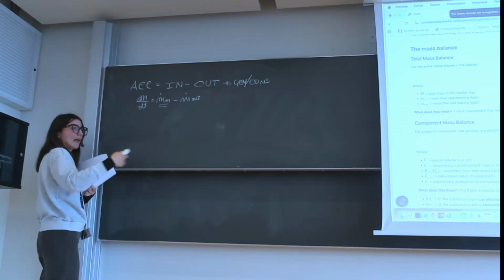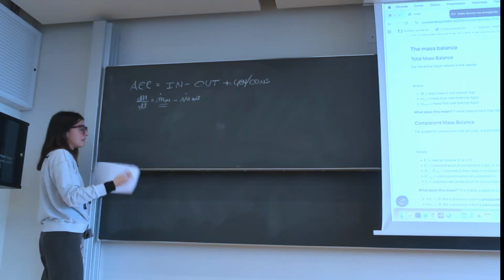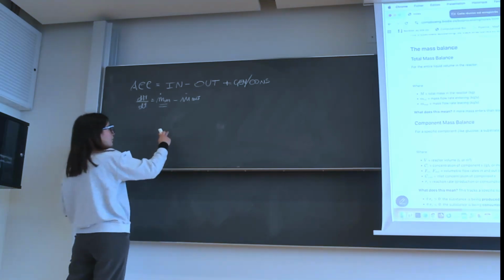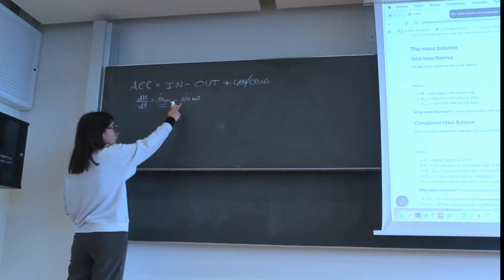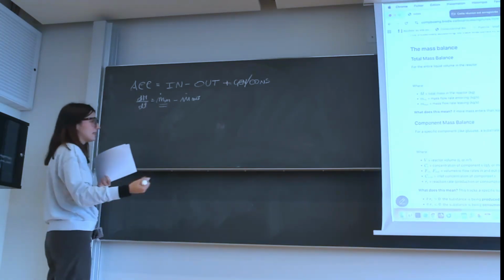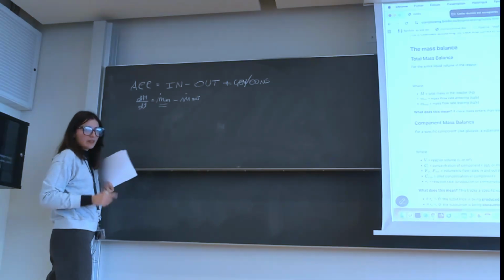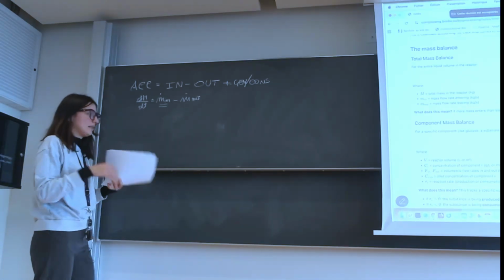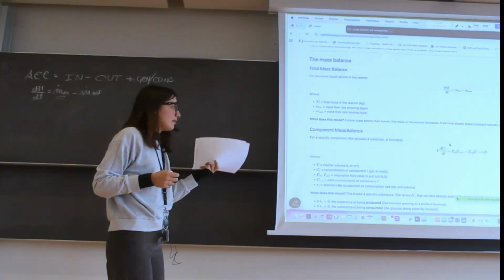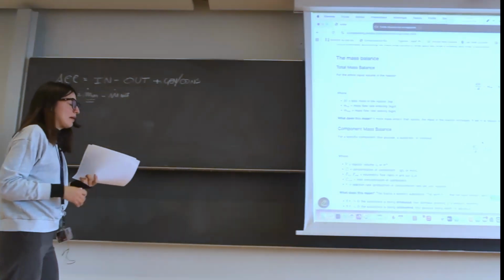So we have an increase of the total mass inside the bioreactor. While if the mass in output is bigger than the mass in input, we will have a decrease in the total mass inside the bioreactor. But we can write this also for the single species.